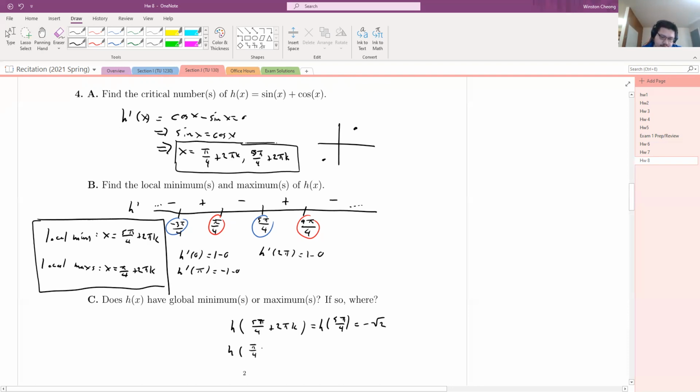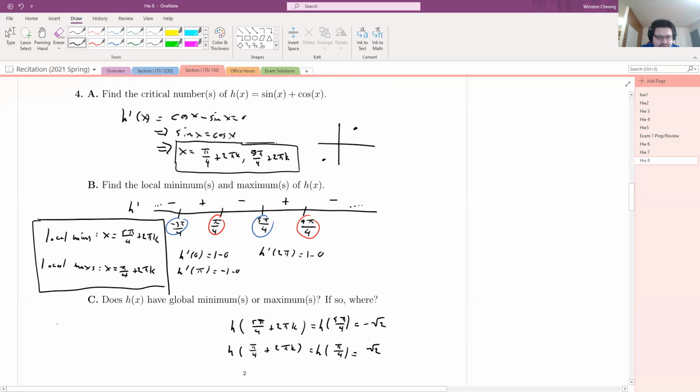Then for the other family, you should also write something about that down. 2 pi k. Well, again, the repetition of 2 pi can be gotten rid of. So it just reduces to h of pi over 4. And that's going to be root 2 over 2 plus another copy. And so you just get root 2. Okay, so on all of these local mins, you attain the same value, which means that that is actually a global min, and same thing with the maxes.